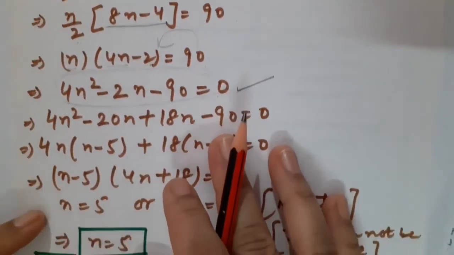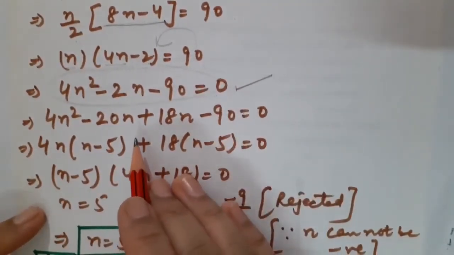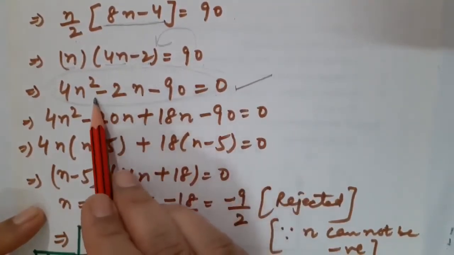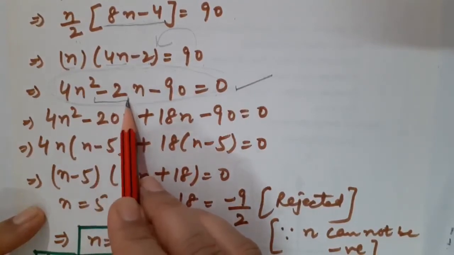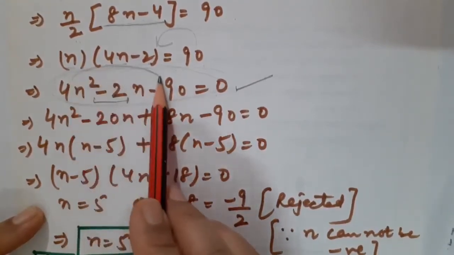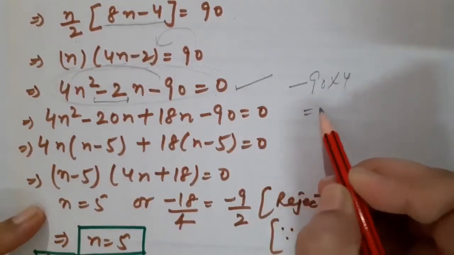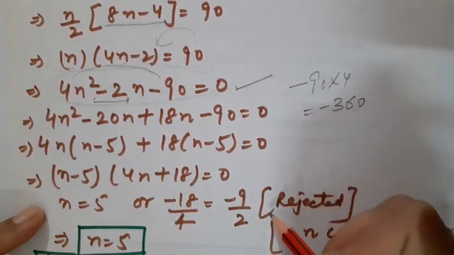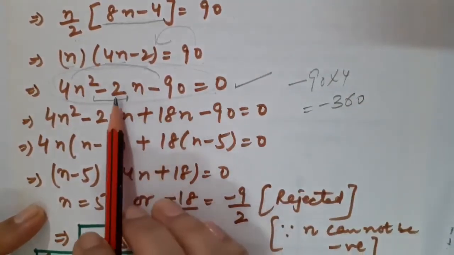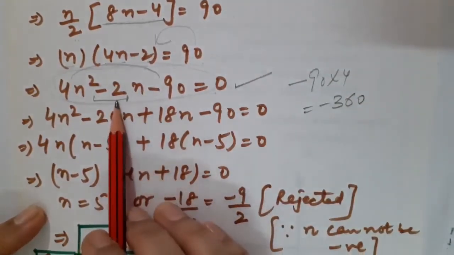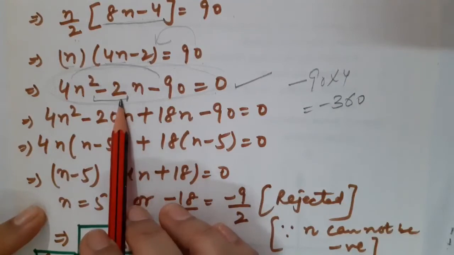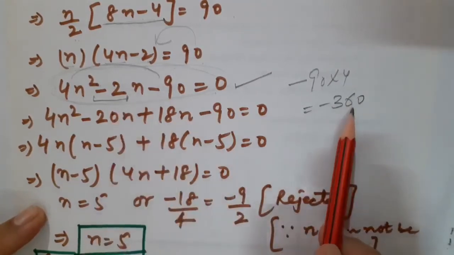Using the factorization method, I am going to simplify it. Children, I want the sum as minus 2 and product as minus 360. How? Minus 90 into 4 gives the product, that is minus 360. So let us split the middle term in such a way that the sum is minus 2 and the product is minus 360.